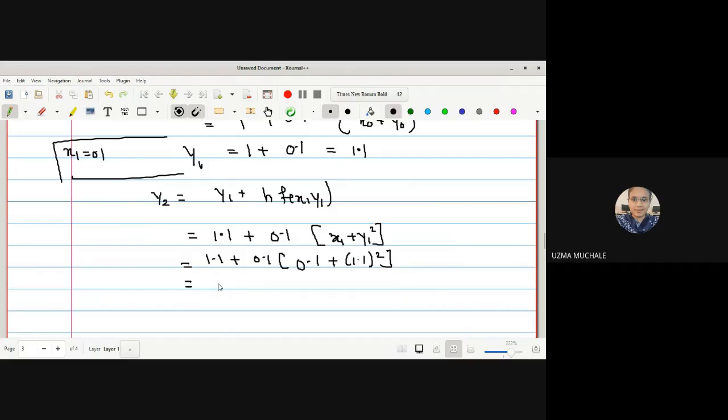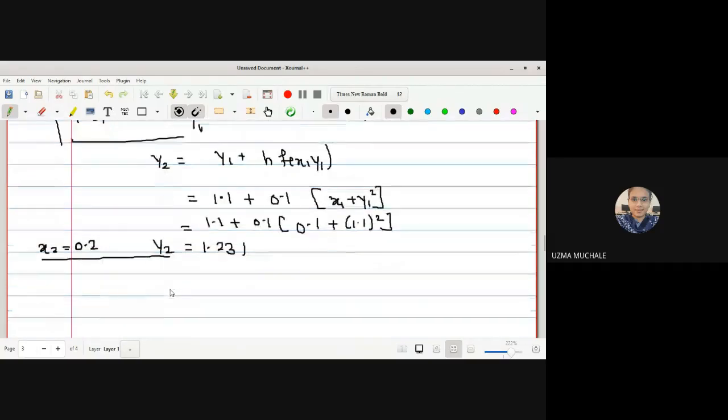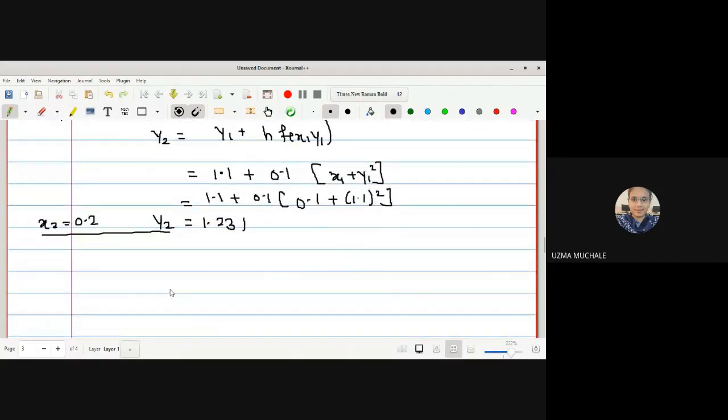Hence, after doing these calculations, we get the value of y2 as 1.231. The value of x2 was 0.2. Corresponding to x2 equal to 0.2, we get the value of y2 as 1.231.